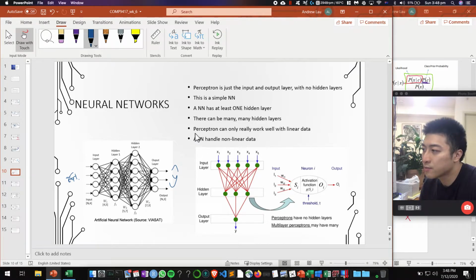You remember how when we saw it, the perceptron is basically a linear classifier, which means that it really only works well with linearly separable data. Now, when you add all these hidden layers here, it adds a lot of flexibility to your neurons, and you can handle nonlinear data and very, very complicated types of data.